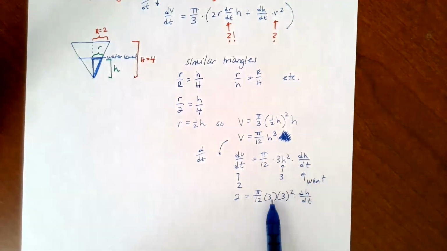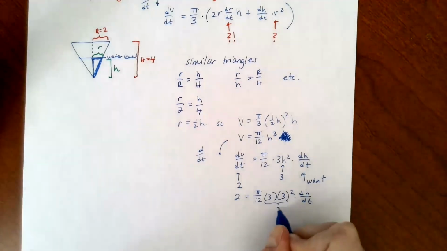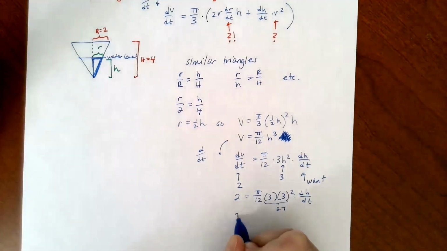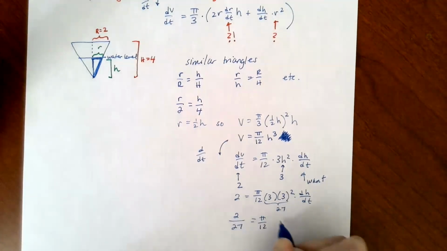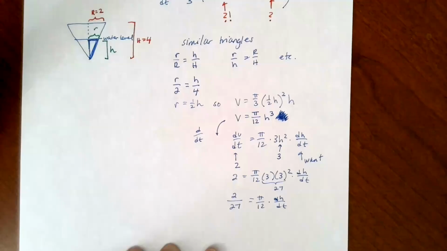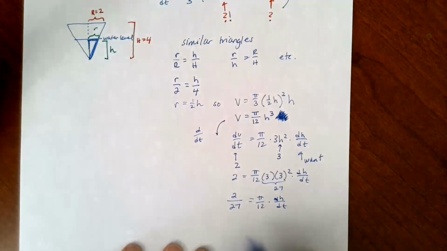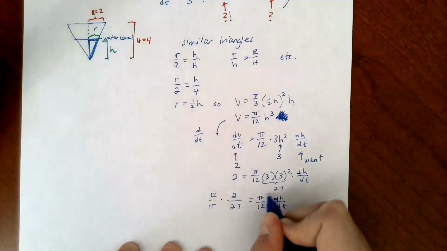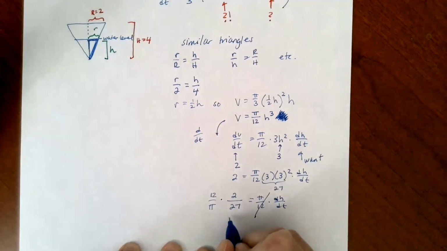All right, so here I have 3 times 3 times 3. 3 times 9 is 27. So I have 2 over 27 is pi over 12 dh dt. And we'll do times 12 over pi to cancel that out. Why don't we call this 24 over 27 pi?